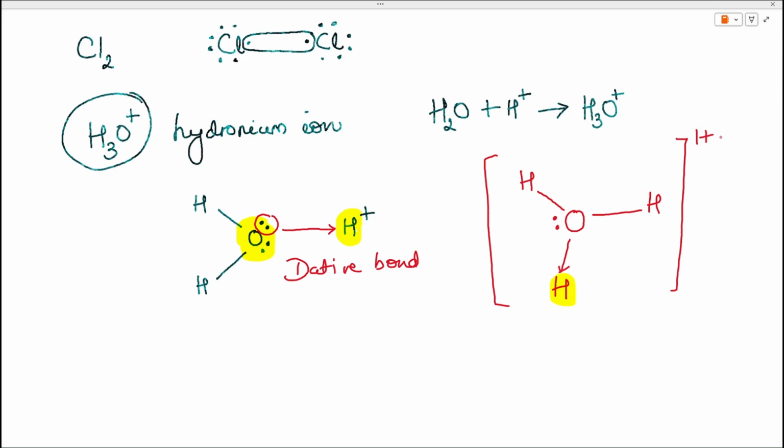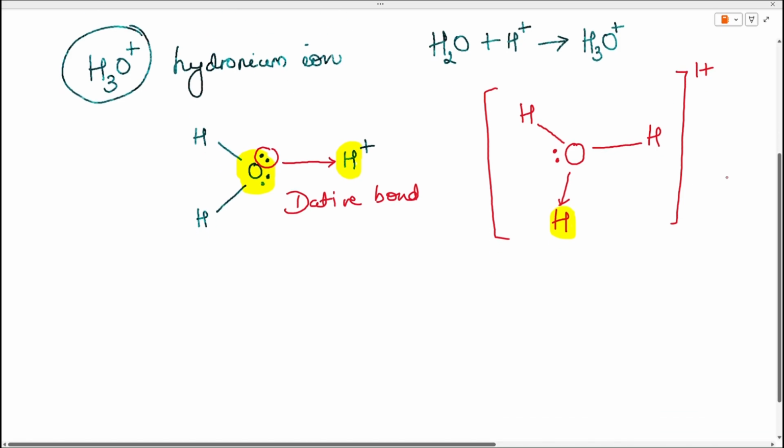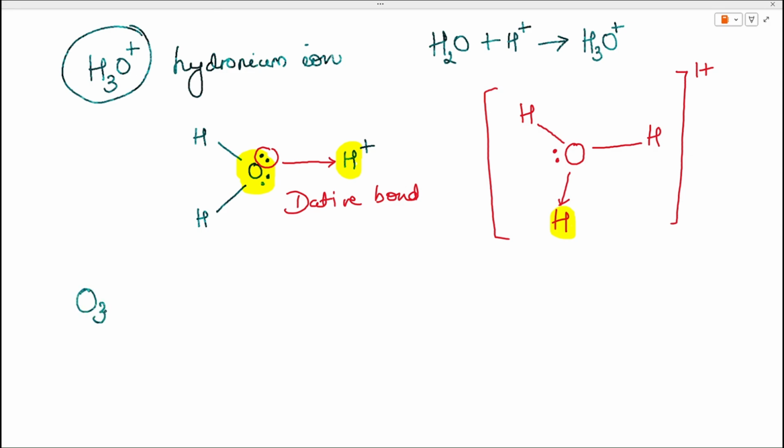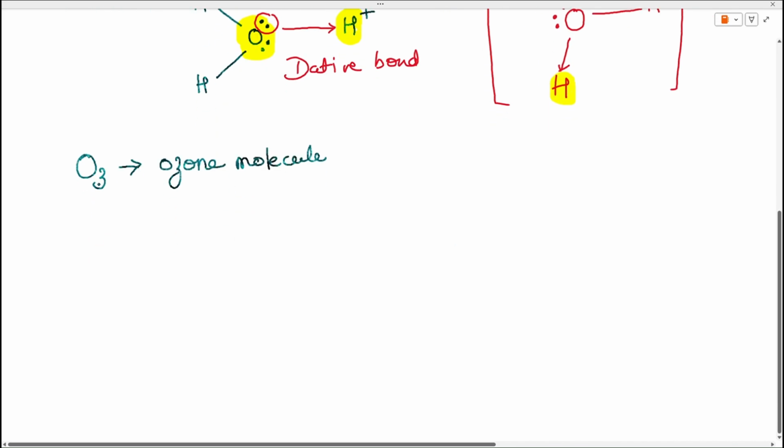Let us try to understand this with another example, which is the formation of the O3, ozone molecule. So ozone molecule has 3 oxygens which are bonded to one another in a linear manner. So we are going to draw 3 oxygen atoms.